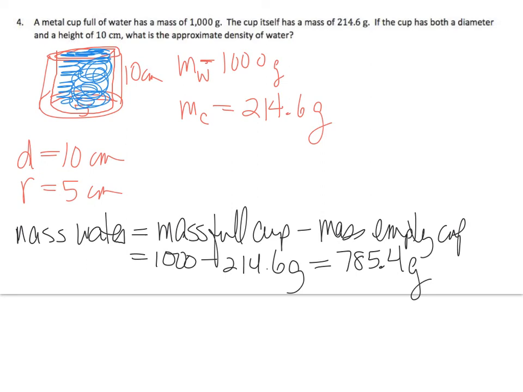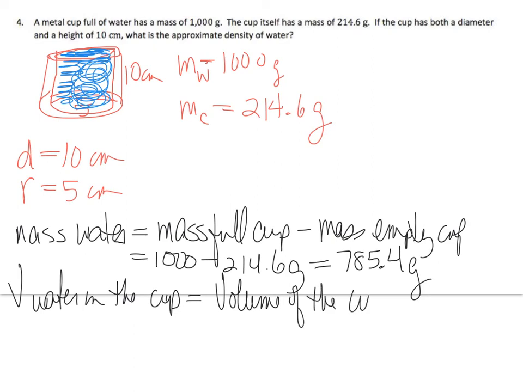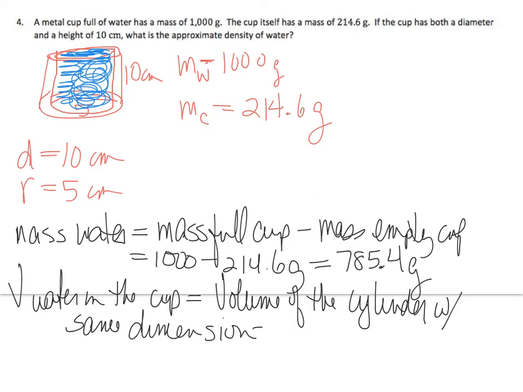Cool. The volume of the water in the cup is equal to the volume of the cylinder with the same dimensions. So the volume of the water in the cup is equal to the volume of the cylinder with the same dimensions. Okay, I need a new page.